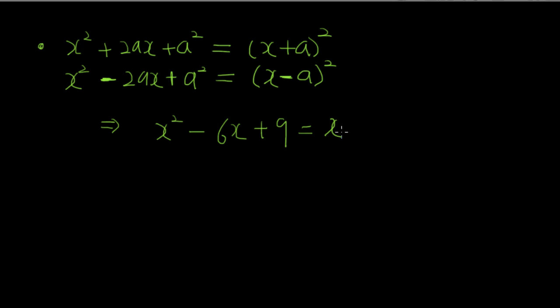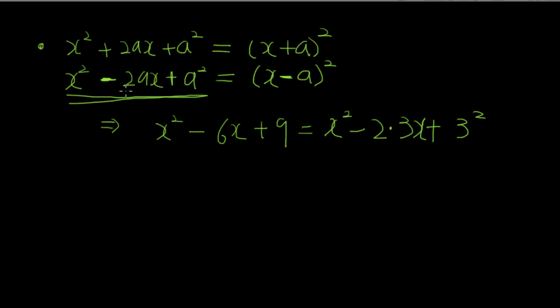see, this is x squared minus 2 times 3x, because this 6 is 2 times 3, and this is 9, so this is 3 squared. If it's in that form, that's the same thing as this, right?